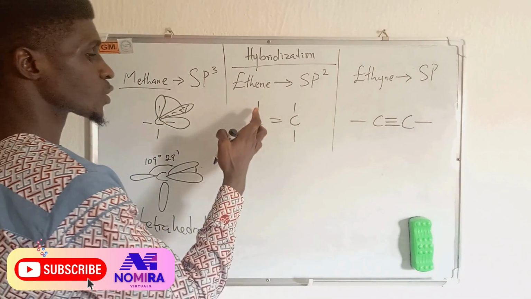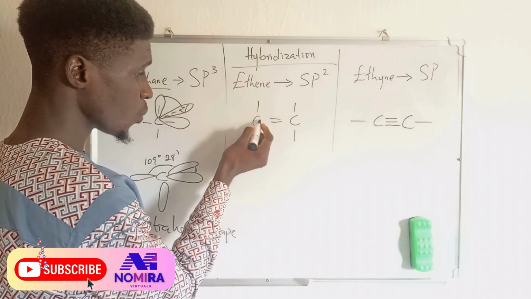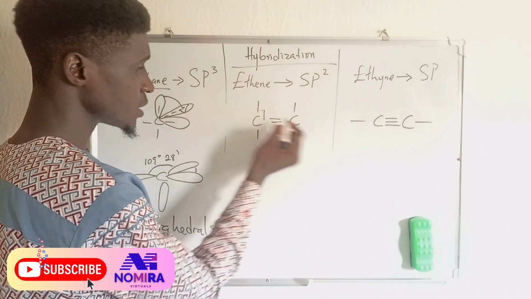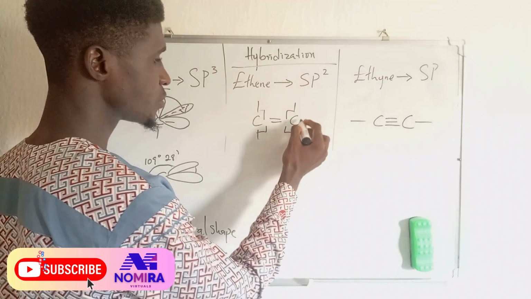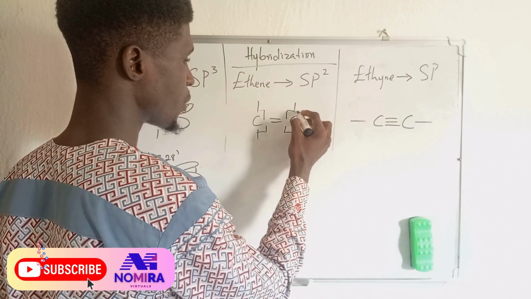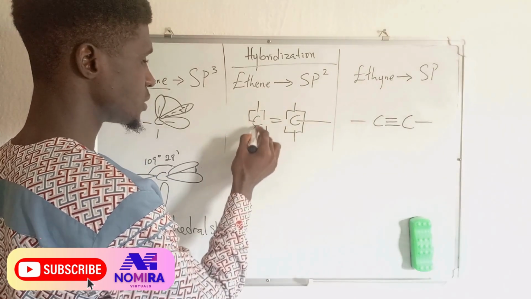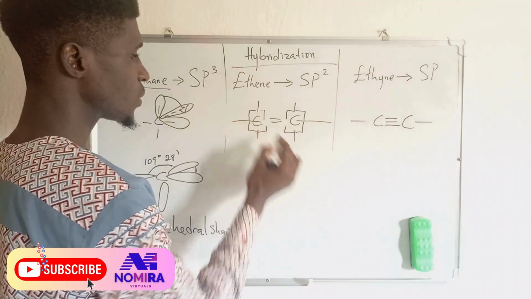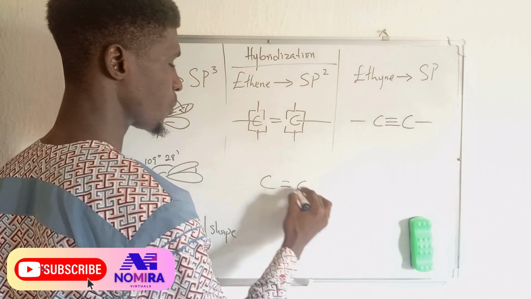So we have an assumption here where there is about 90 degrees at every point. So there is 90 degrees at all points.